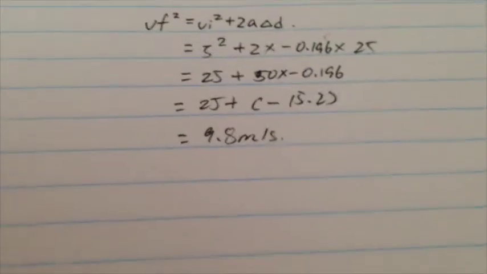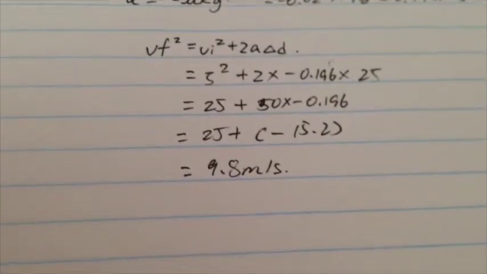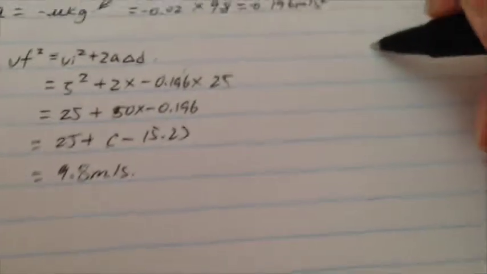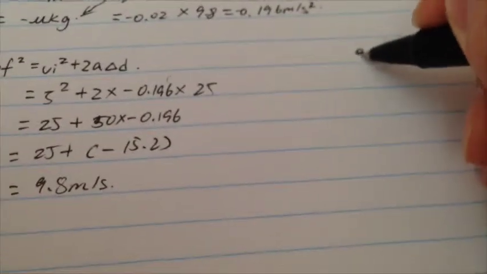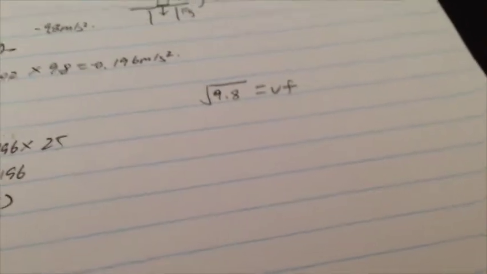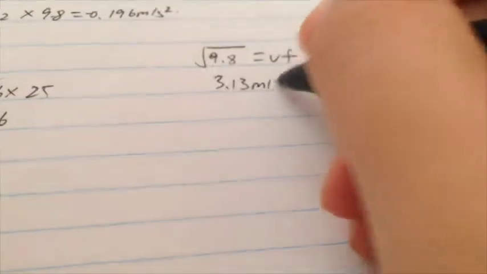And this number is the final velocity squared, and to calculate the final velocity we have to square root this, so the square root of 15.2 equals Vf, and the answer we get is 3.13 meters per second.